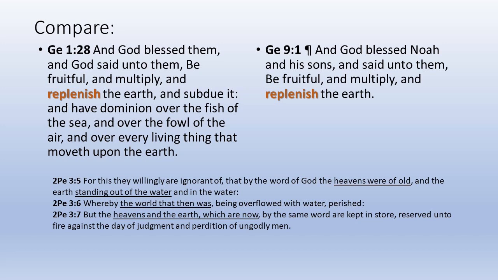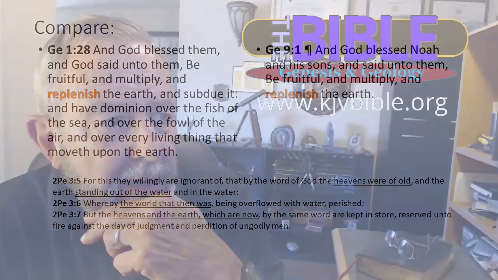In 2 Peter 3:6, "Whereby the world that then was, being overflowed with water, perished. But the heavens and earth, which are now," that's Adam's world, "by the same word are kept in store, reserved unto fire against the day of judgment and the perdition of ungodly men."